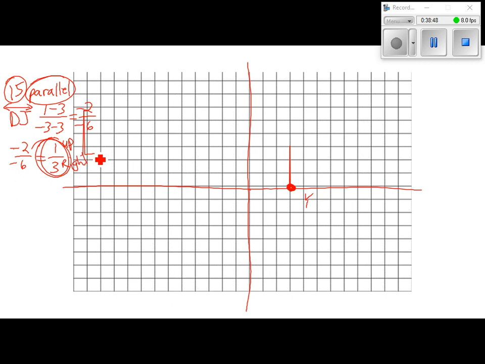So I go up 1 to the right 3, up 1 to the right 3. If I run out of space going that way, then I can go down 1 to the left 3, down 1 to the left 3. It should look something like that. This one had a positive slope, so again, it should be going up from the left to the right.